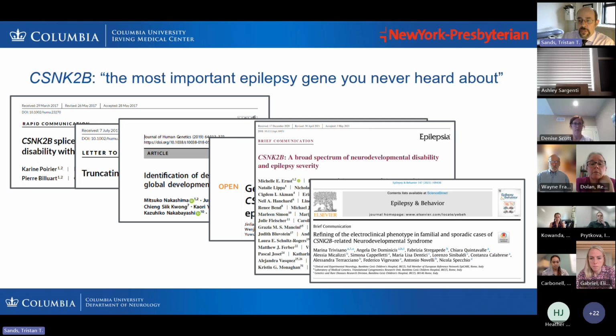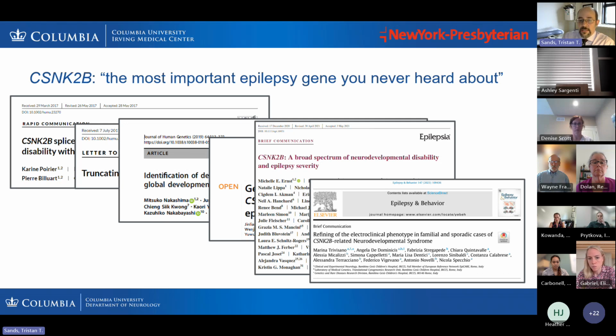And at that point, it became clear that not all the patients have epilepsy. That was sort of known from the beginning, but in addition, that some patients weren't as severely affected as the initial reports.